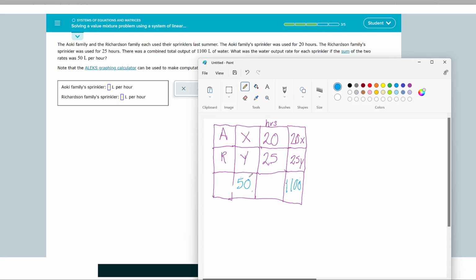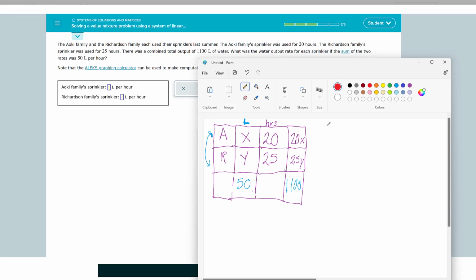We're going to put that 50 under X and Y, because we know the hours, but X and Y are going to represent the liters, because that's what we don't know. But they did give us the liters per hour, so we do know they use 50 liters per hour. So our problem is going to end up looking like this.